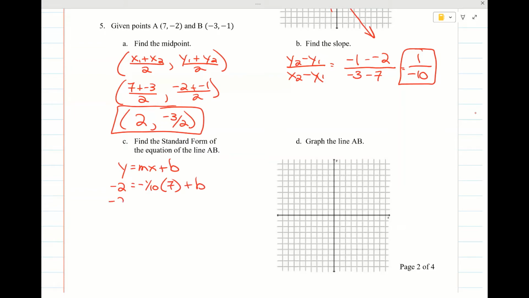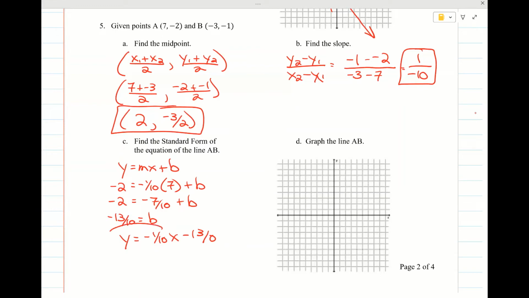So if we multiply here, we would get -7/10. And then if we do -2 plus 7/10, that gives us -13/10 for a y-intercept. So in slope-intercept form, we get y is equal to -1/10 x minus 13/10.